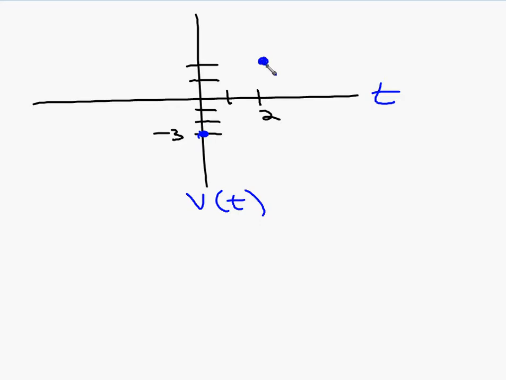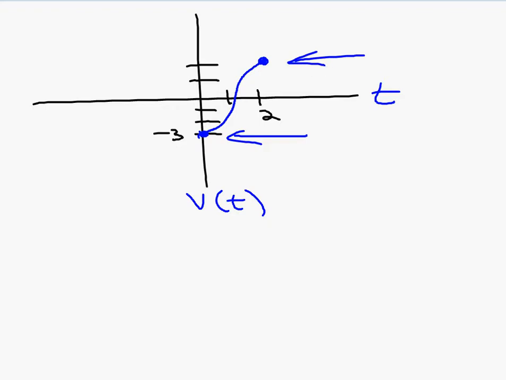The intermediate value theorem says that a function takes on all of the values in between. So in other words, if the velocity goes from -3 and whatever it does, it winds up at 2, the intermediate value theorem says it takes on all of the values in between -3 and 2.